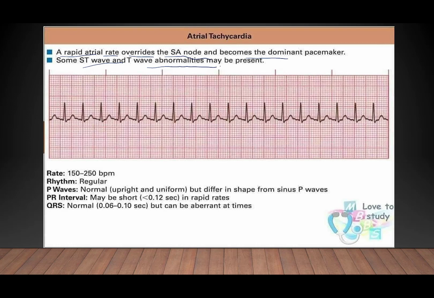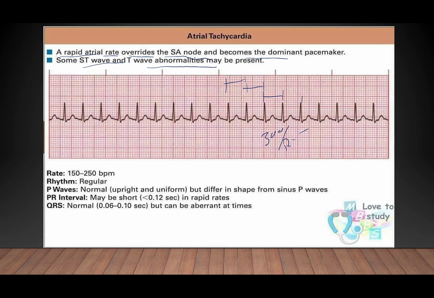If you look at this one, the rhythm is also regular. Because of that, we calculate the rate again as 300 over the R to R interval.